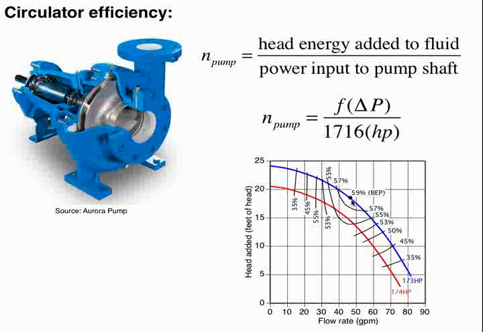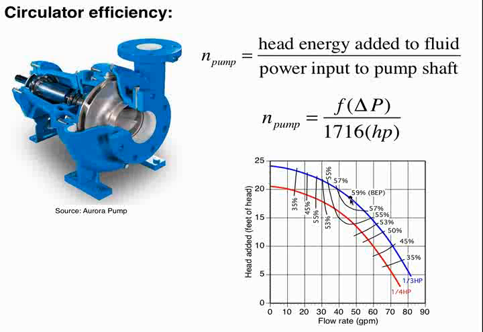Now, if you look around, you'll see there's actually a dot here. This is called the best efficiency point. That's the ideal scenario. If your circuit head loss curve were to pass right through that point, that would allow that pump to operate at its best possible efficiency, which in this case is 59%. And what does that 59% mean?